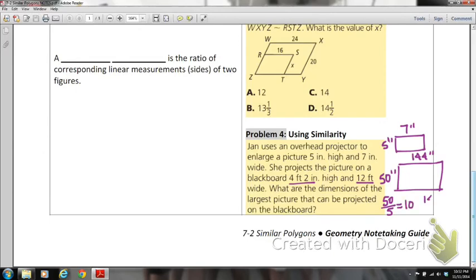And compare the 144 and the 7, and that's 20.6. So we would run out of the height first. That's what we would fill first, is the height. So the most we can enlarge it is 10 times.